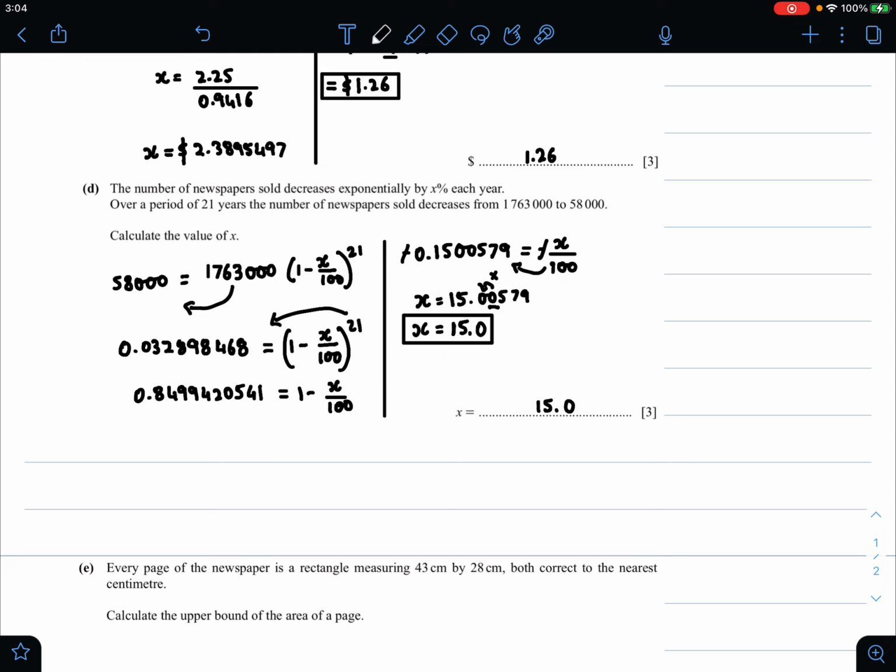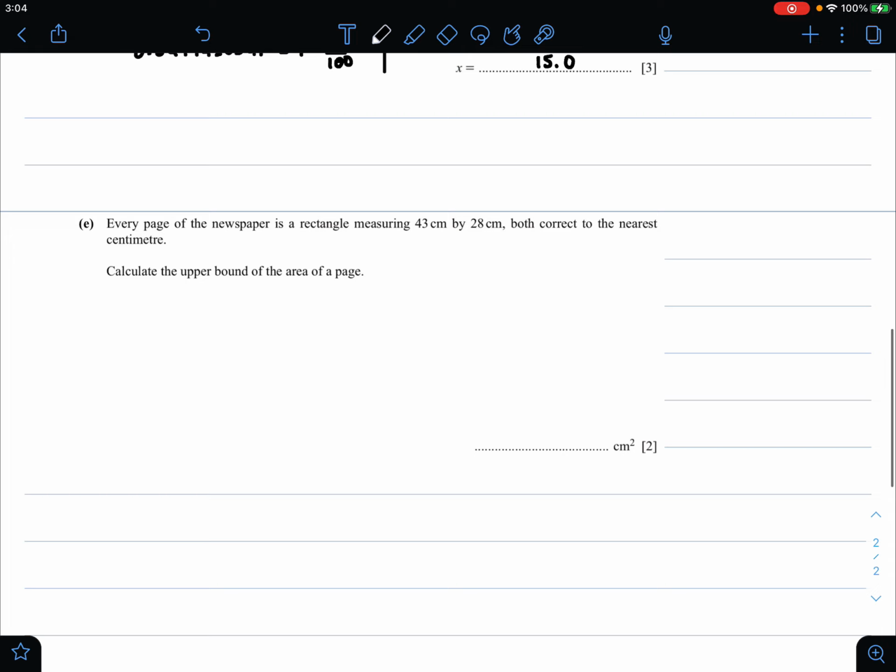For part E, they are asking you to calculate the upper bound of the area of a page. They've told us that the page is rectangular, and it measures 43 centimeters by 28 centimeters, and they have told us that they are both correct to the nearest centimeter.